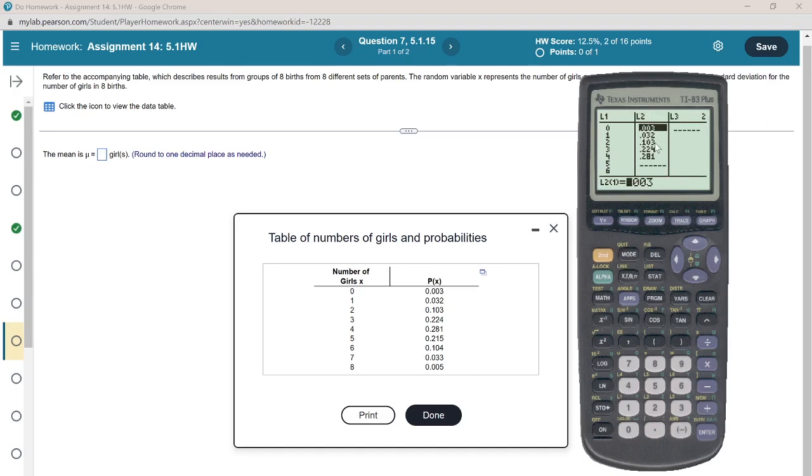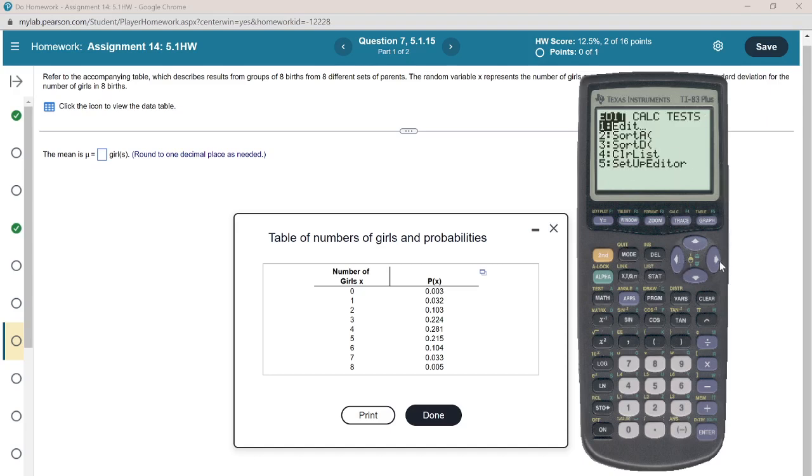Here we go. 0.003, 0.032, 0.103, 0.224, 0.281, and now this is 0.215, and 0.104, and 0.033. Finally, it's 0.005. So this is our data.